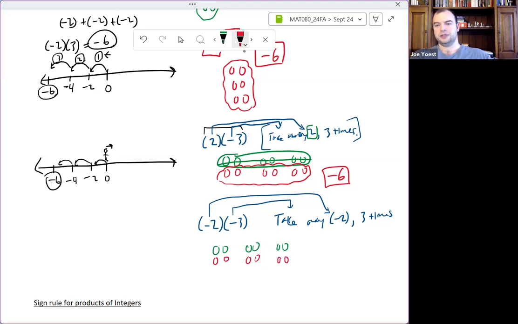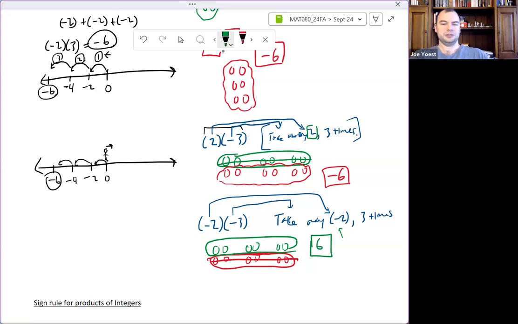And with a couple more, I can take away 2 reds 3 times. This leaves me with 6 counters, but of the green type. Because I took away the reds, this leaves me with 6 greens, or just +6.